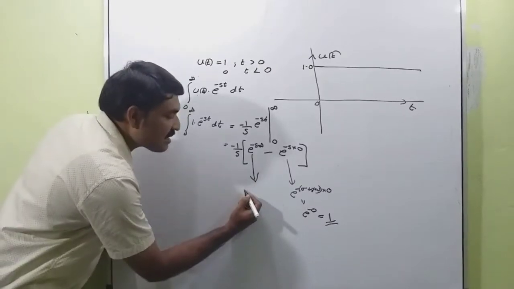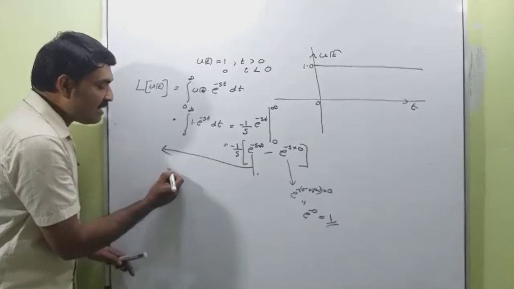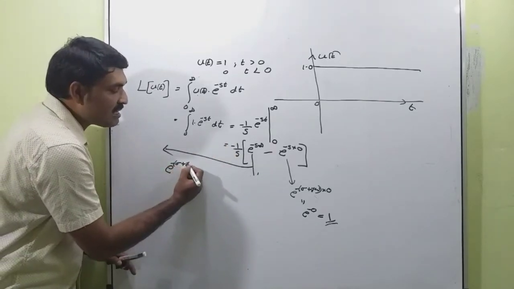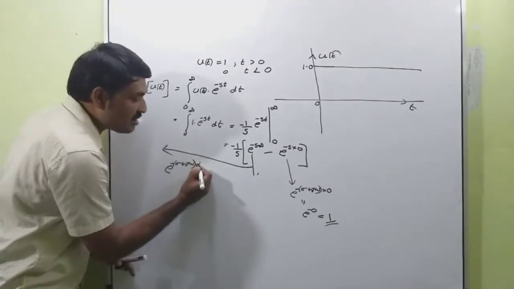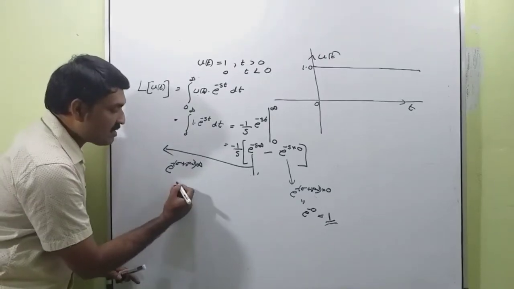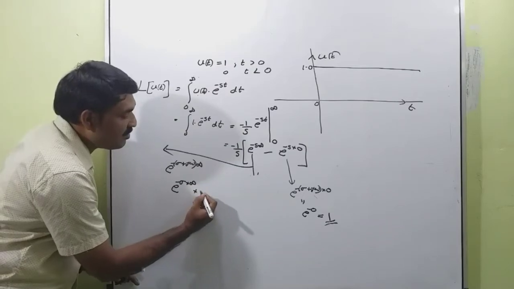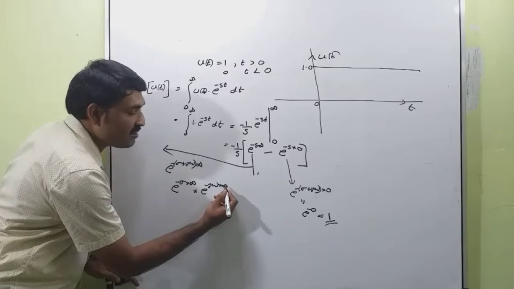Okay. Now, let us check this term. That is e raised to minus s, I am taking this term to here. E raised to s is replaced by sigma plus j omega. Our time is infinity. I am going to split this term as e raised to minus sigma into infinity into e raised to minus j omega into infinity.